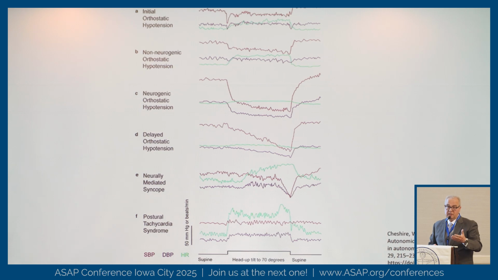And inadequate means this is neurogenic. And we call it neurogenic because those patients have dysautonomia. So not everybody who drops their blood pressure has dysautonomia. But if you drop your blood pressure and your heart rate does not increase, it's almost guaranteed that you have dysautonomia. So that can be a very easy thing to follow. And that's what we call neurogenic orthostatic hypotension.